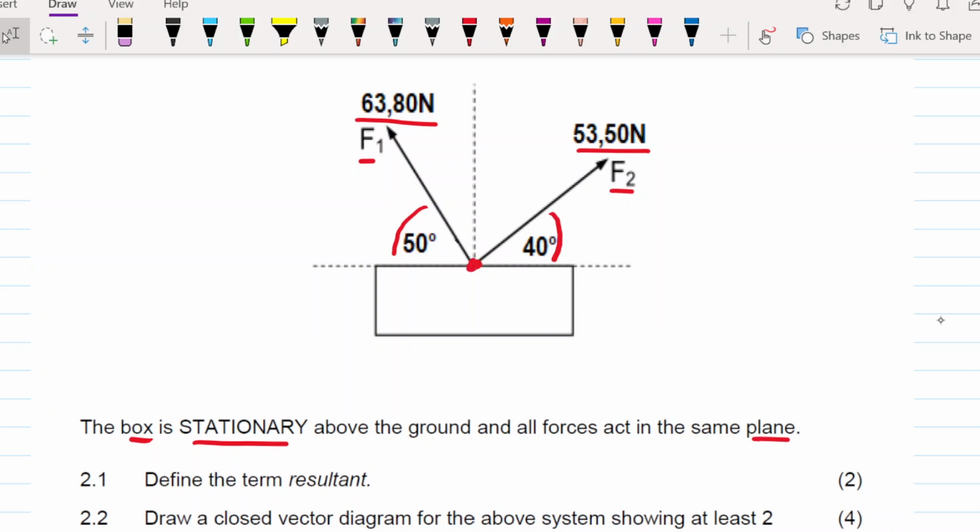What that means is that all of them act in the same plane. So that box has a weight which is towards the center of the earth. We are now going to look at our questions, and then we will see what is required of us. So we have F1, F2, and the weight. So let's look now at the questions.